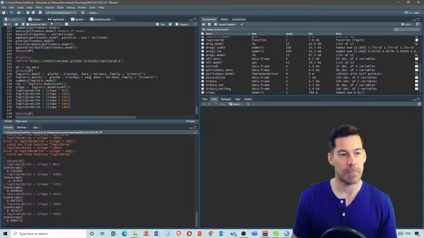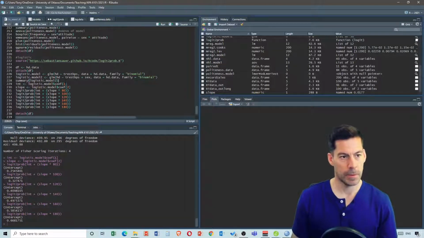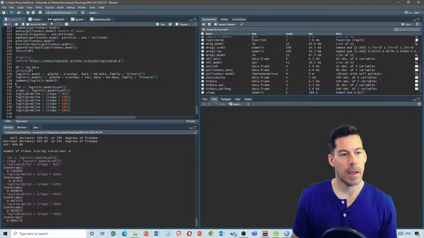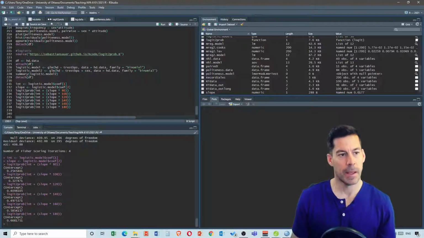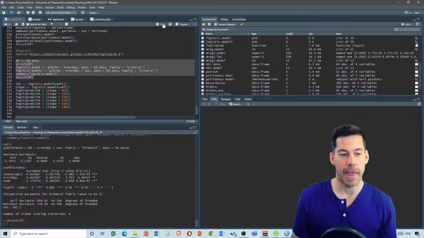Now I've got logistic model 2. And then we're going to take a summary of logistic model 2. In this case, I'm going to leave this alone. I'm going to just detach at this point. And what I'm going to do is run that.